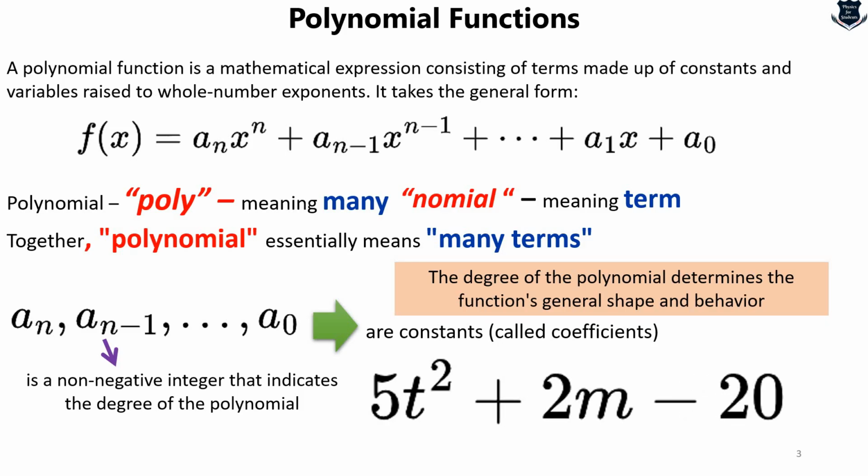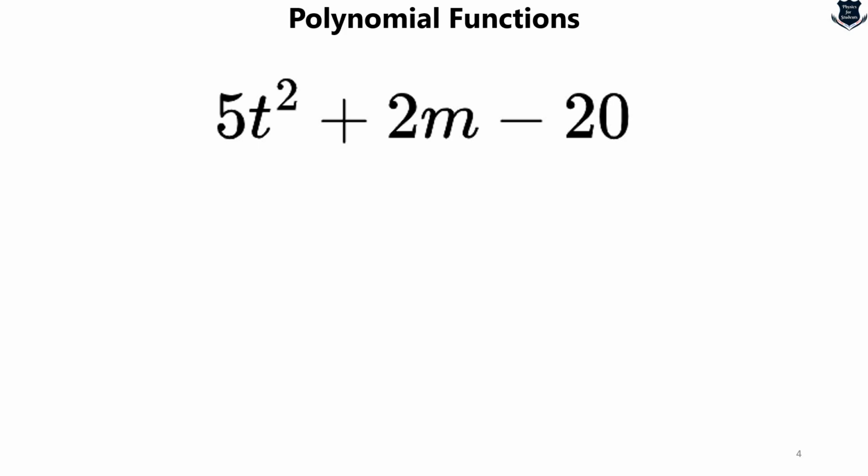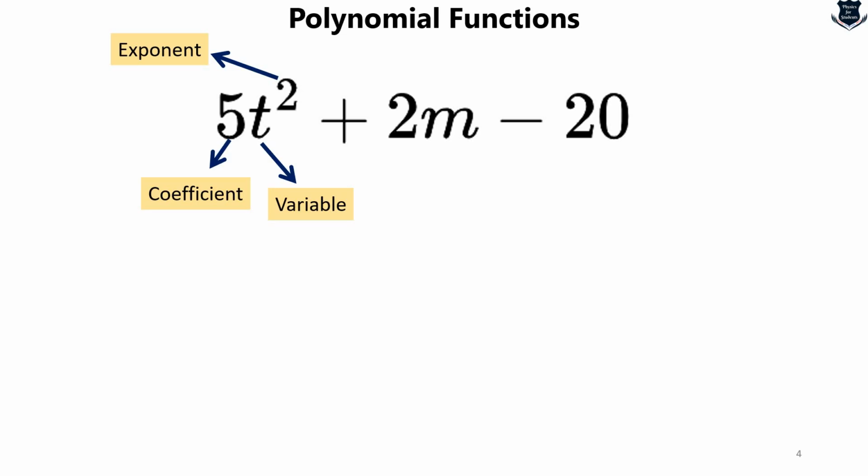Now, to explain a little bit more about polynomials, let us take this term, and we will try to decipher the equation one by one. At the top, what you can see is the exponent, which you can call the power. 5 is basically the coefficient, t can be anything, it is called a variable.